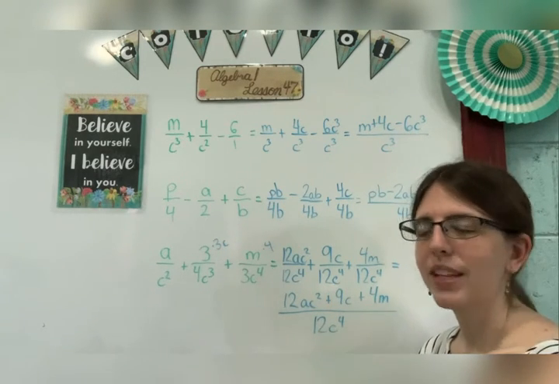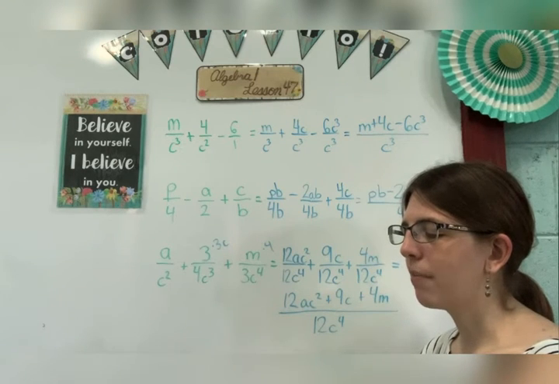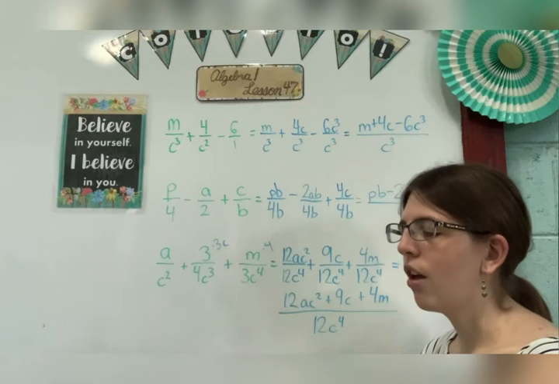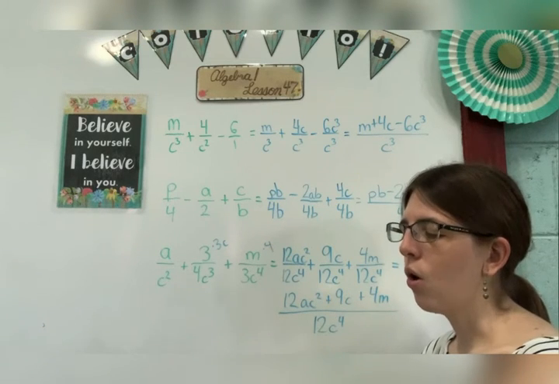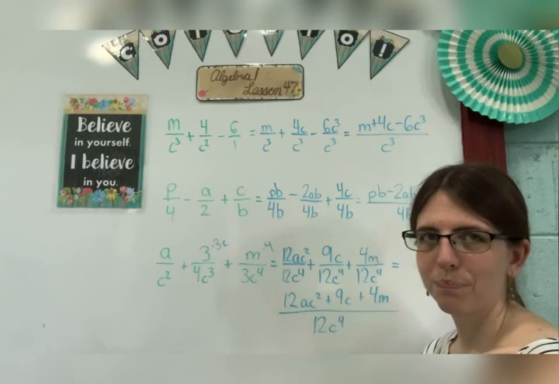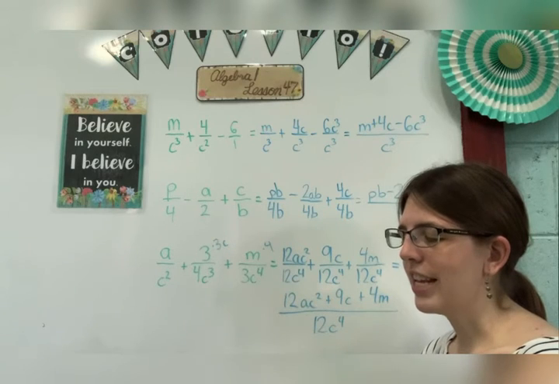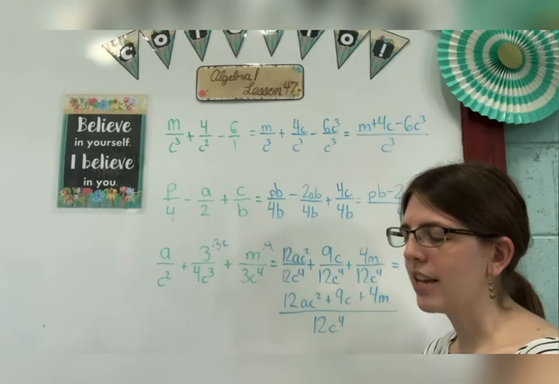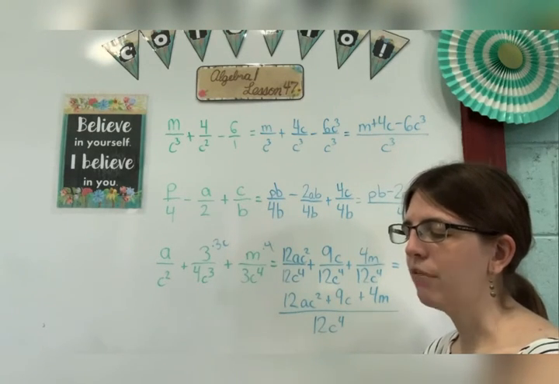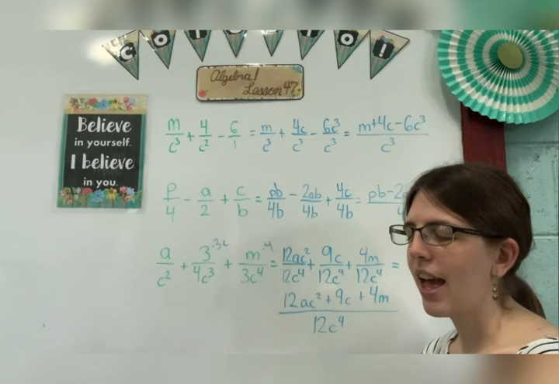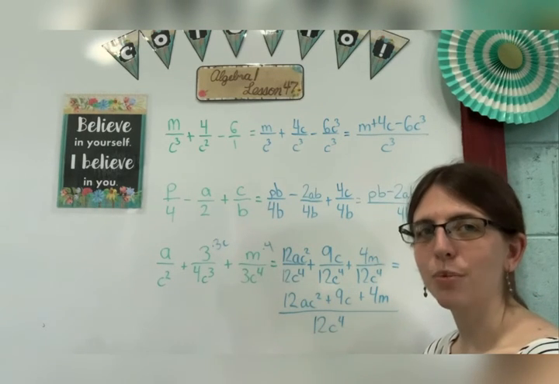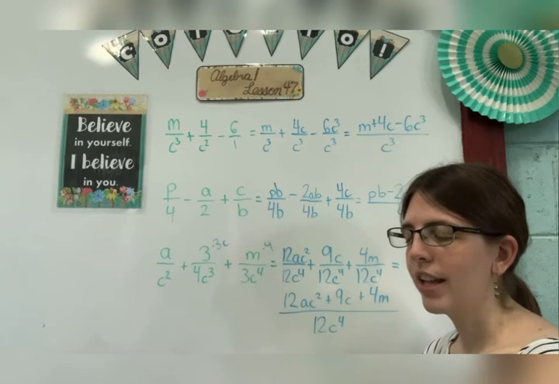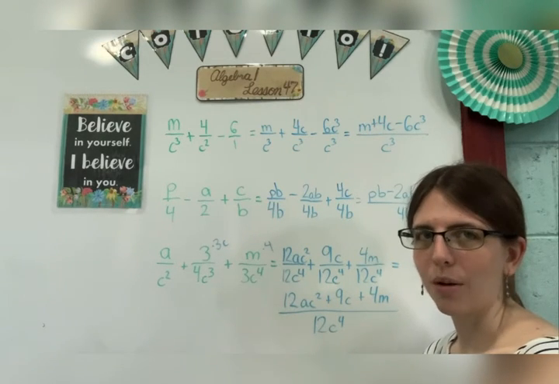Letter B, c plus 10 plus 4x over 4. Letter C, A, C cubed plus M to the fourth plus XMC cubed over C cubed M to the fourth.